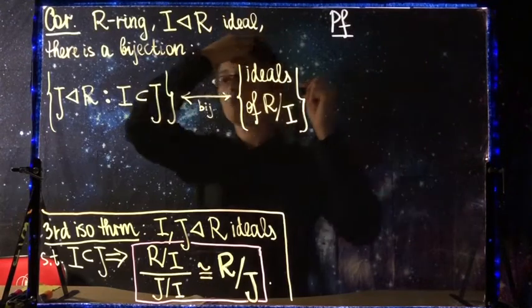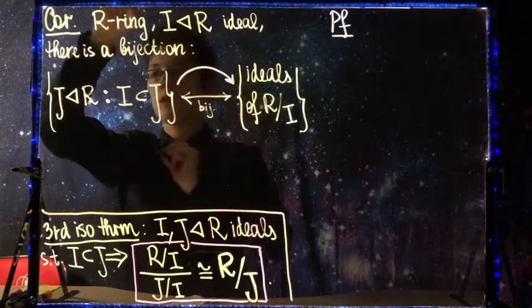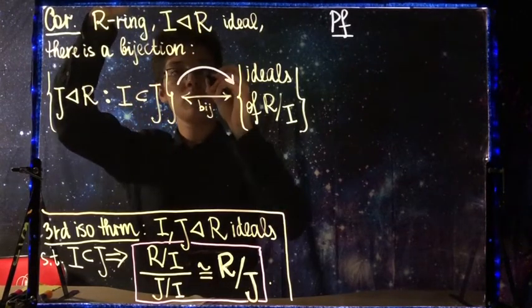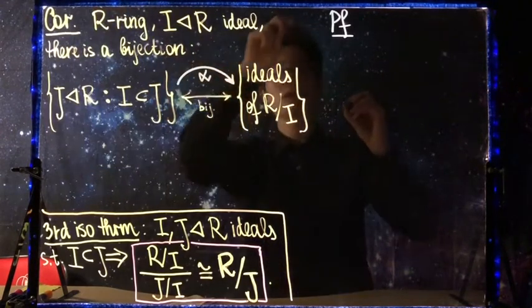For the proof, we can see that we go from left to right. Let's call this direction alpha.